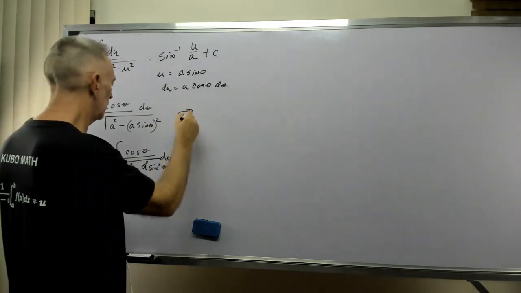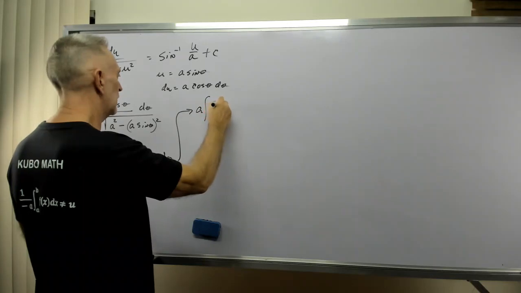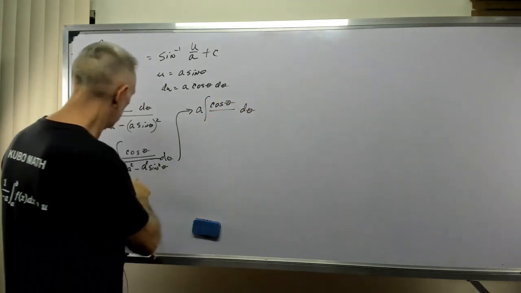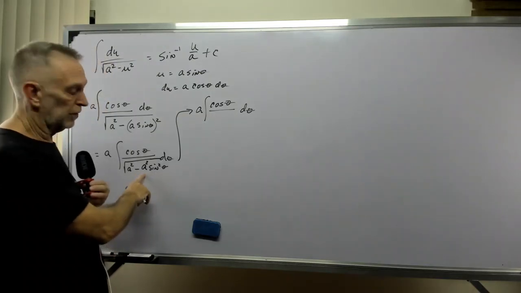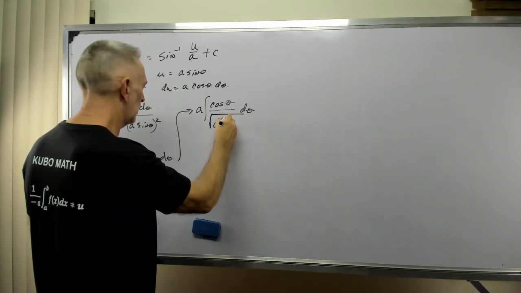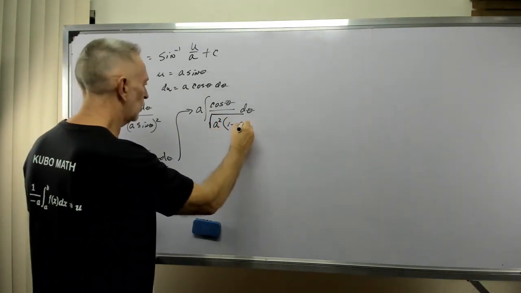Now I'm going to factor out one of the a squareds, still under the radical sign: a squared times 1 minus sine squared theta.